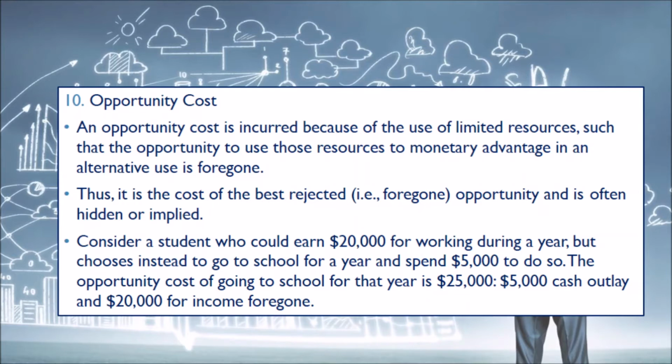Consider a student who could earn $20,000 for working during a year but chooses instead to go to school for a year and spend $5,000 to do so. The opportunity cost of going to school for that year is $25,000: $5,000 cash outlay and $20,000 for income forgone.